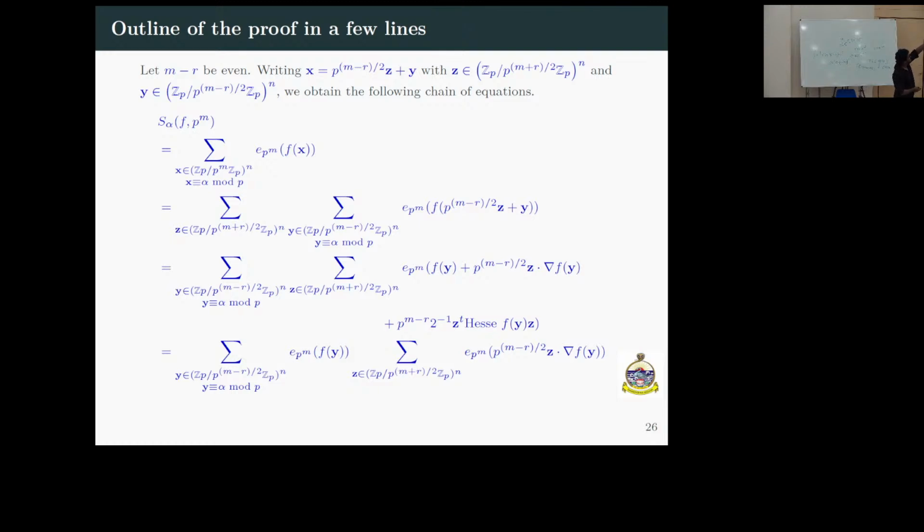If you multiply p to the (m plus r)/2 and p to the (m minus r)/2, you are at p to the m. So this is right, this is fine, right. Then you can put this value of x here. If you directly put it and write the range of z and y, since in our case we are taking x congruent to alpha modulo p, here it will be y congruent to alpha modulo p.